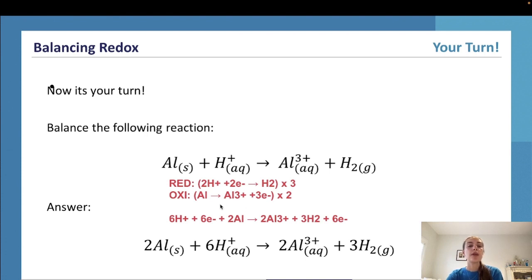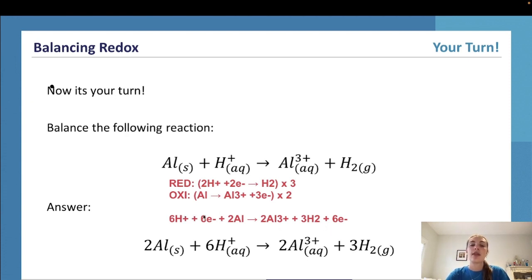So we can put all of the reactants on one side and all of the products on the product side. And so we'll get 6 hydrogen ions, plus 6 electrons, plus 2 aluminium makes 2 aluminium 3+ plus 3 H2, plus 6 electrons. And then we can cancel out any double ups that we have on both sides.